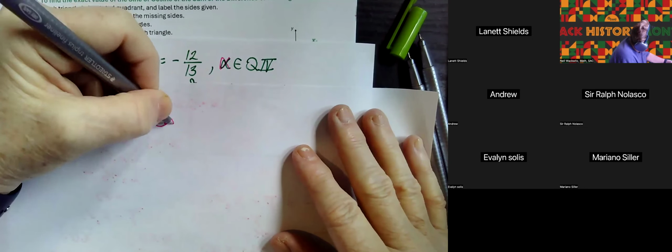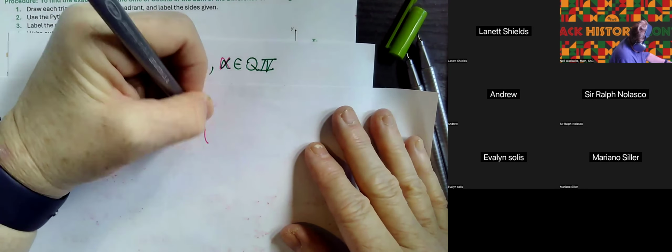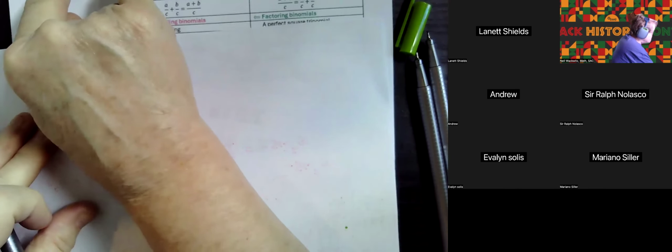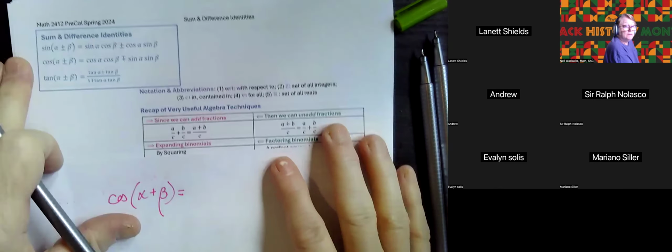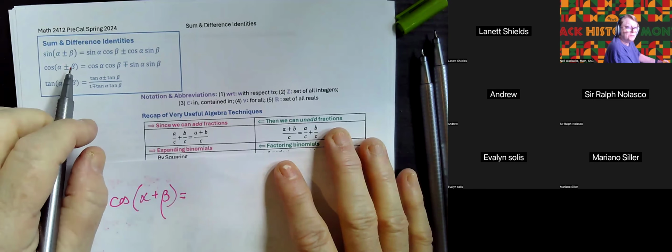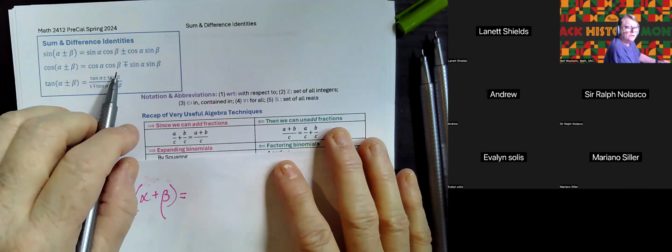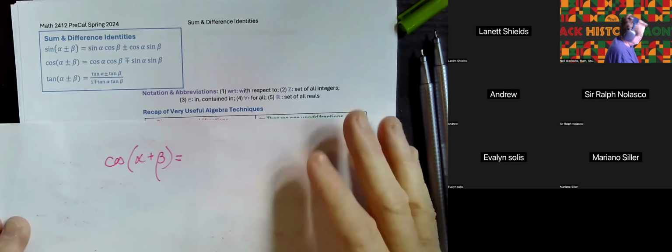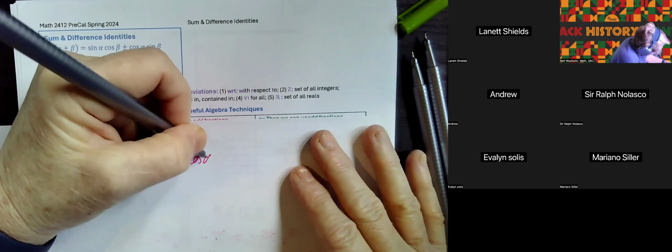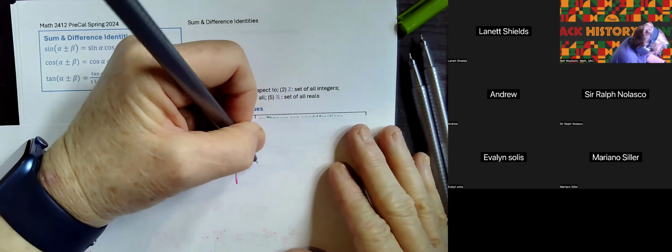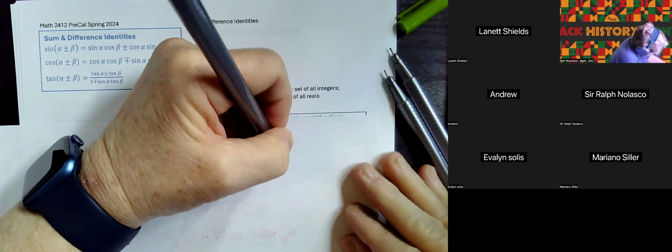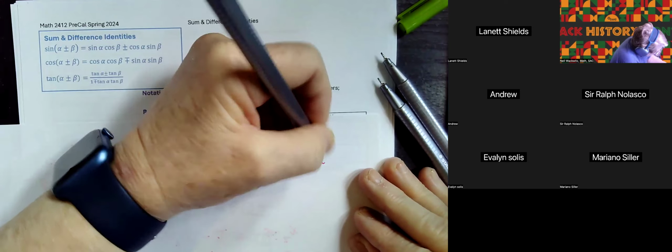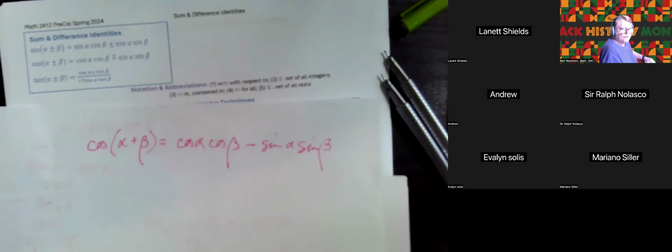So let's see. We know that cosine of alpha plus beta, cosine, that's the one where the signs in the middle are opposite. So we have cosine alpha plus beta is cosine alpha, cosine beta minus sine alpha, sine beta. But we've got these nice triangles.